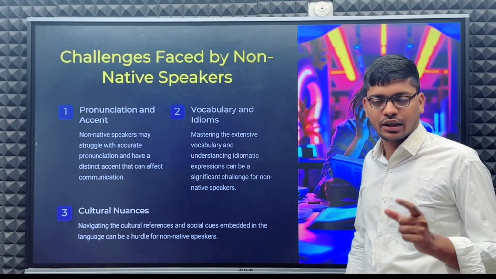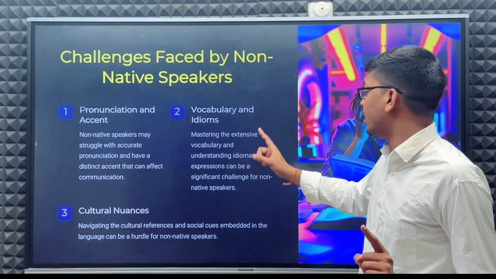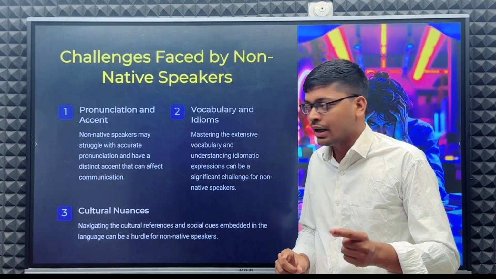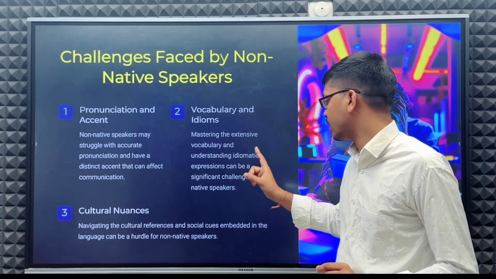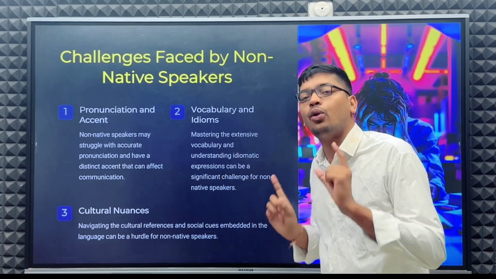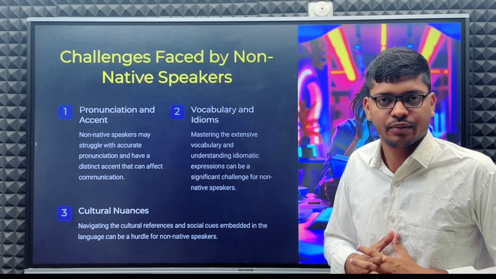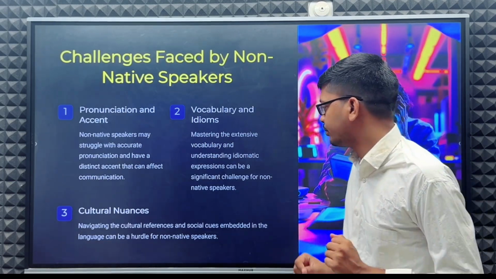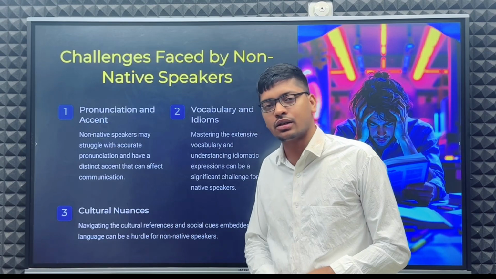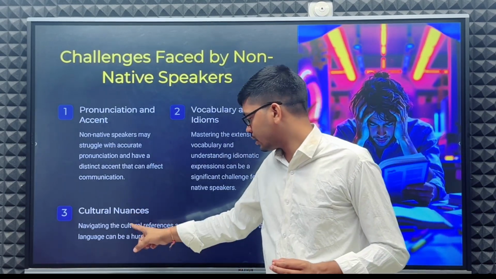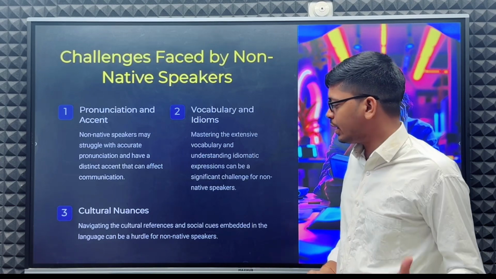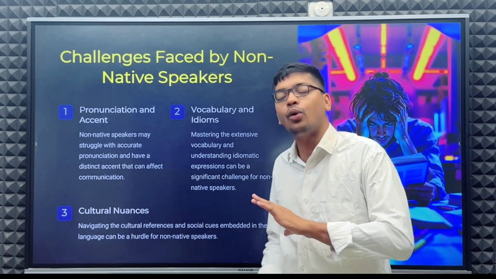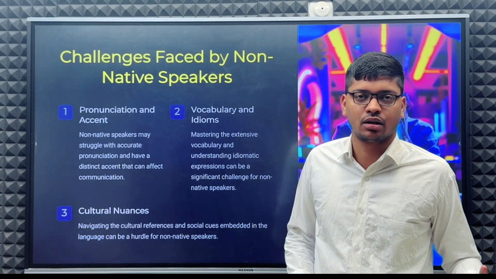Vocabulary and idioms, the second challenge: mastering an extended vocabulary and understanding idiomatic expressions can be a significant challenge for non-native speakers. Third, cultural nuances: navigating the cultural references and social cues embedded in the language can be harder for non-native speakers.